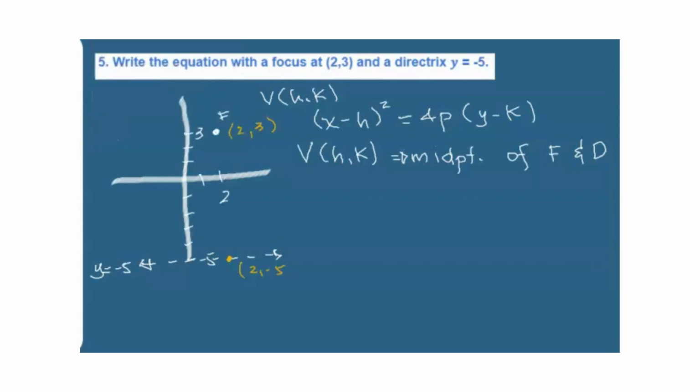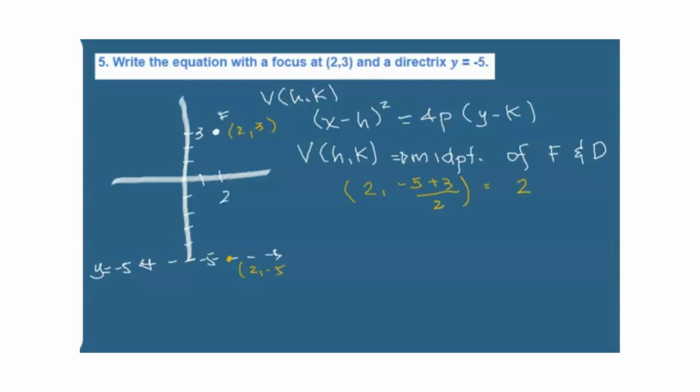So let's compute the vertex. It's going to be at 2, and then the y would be the midpoint formula, -5 plus 3 over 2.